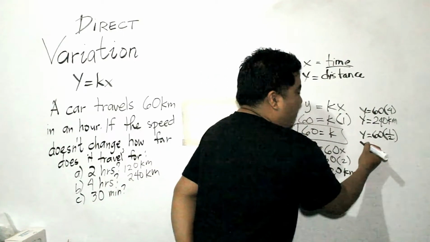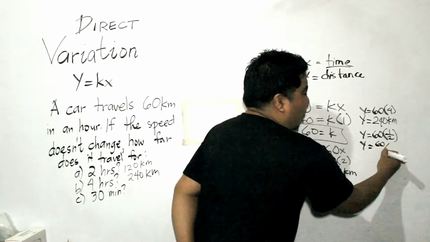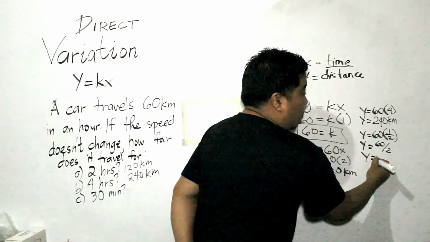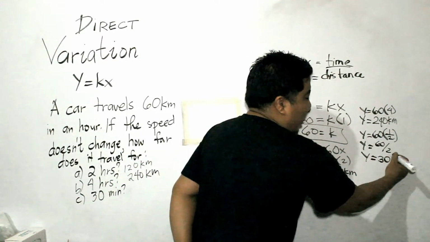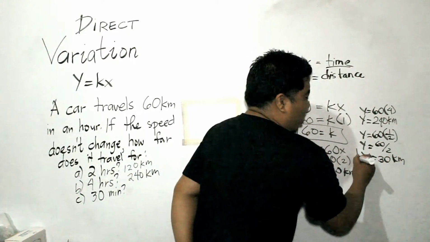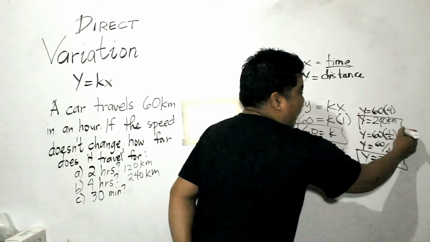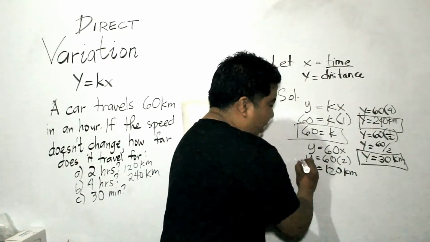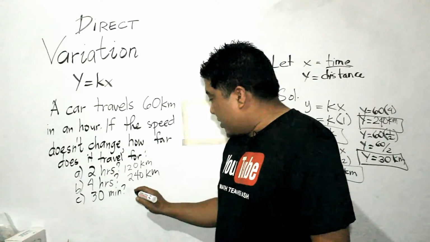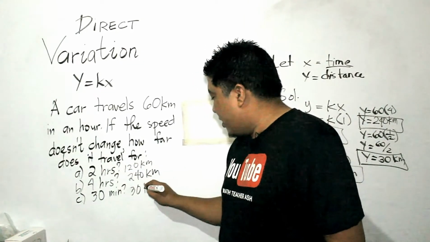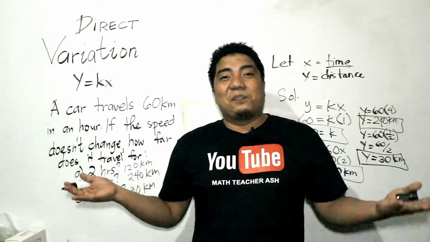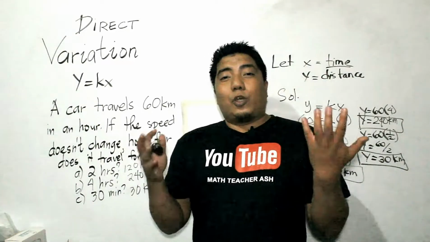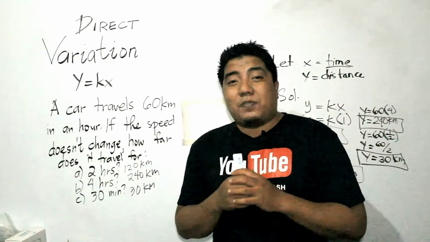So, that is 60 over 2, which is equal to 30 kilometers. Okay. So, you have now your 3 answers. Easy, right? So, is there any other way to solve this problem?